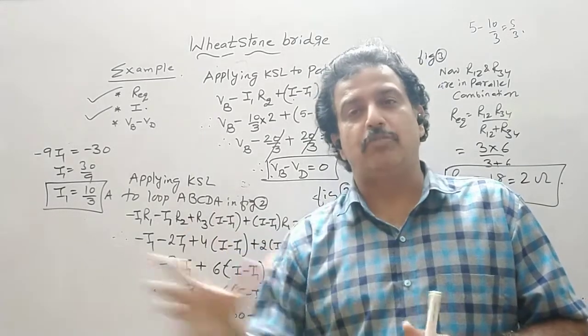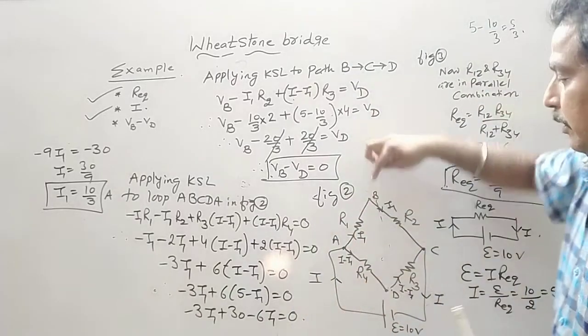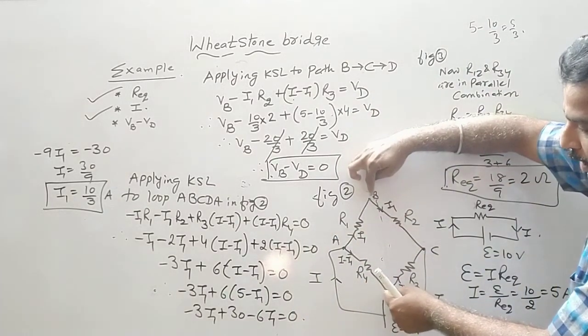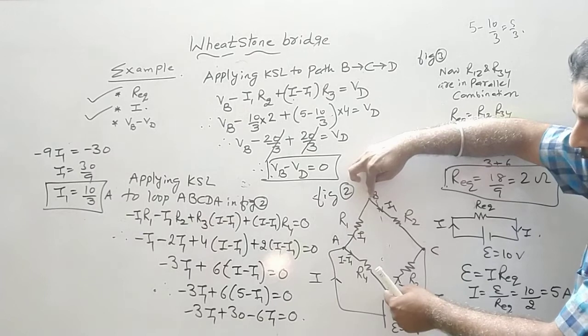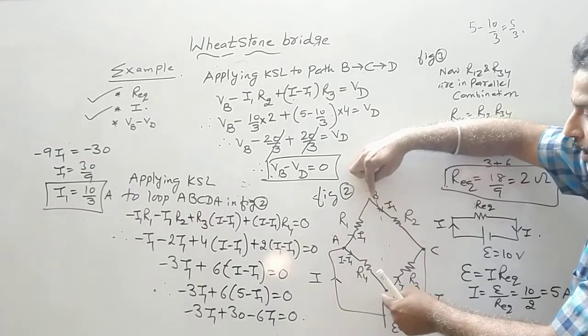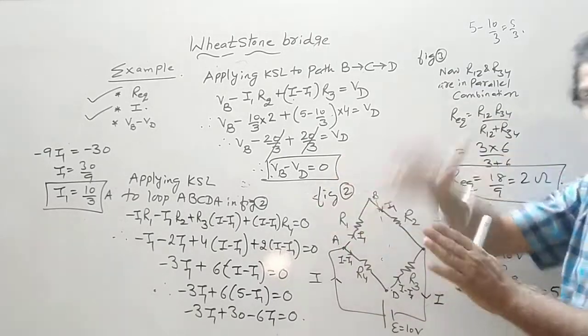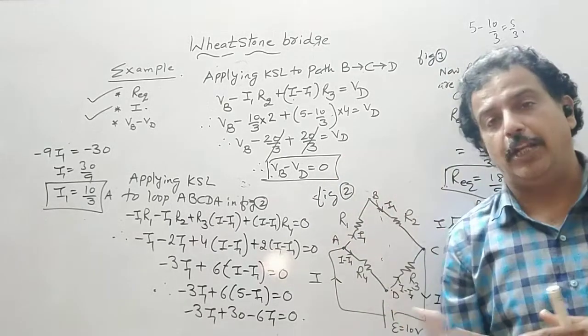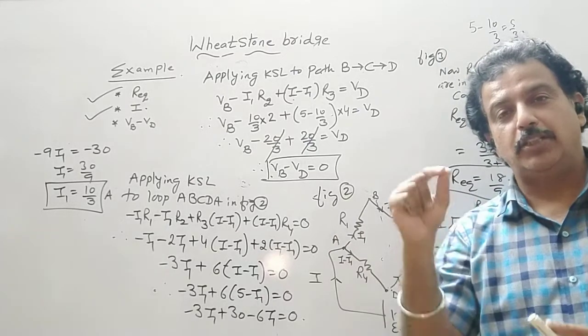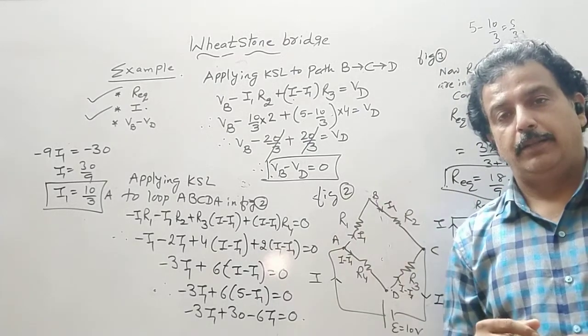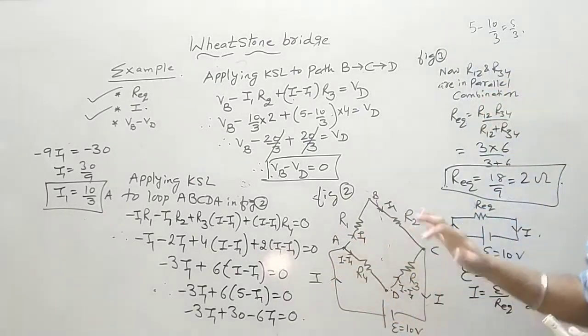So in the balanced Wheatstone bridge, these two points B and D, the diagonal other than the battery arm, this BD is called the galvanometer arm. So the potential is equal. You have to remember this.